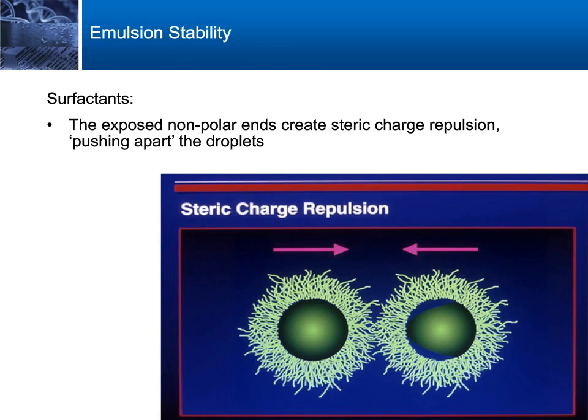One of these phenomena, steric charge repulsion, is when we see the exposed nonpolar ends pushing droplets apart. And this is one of the phenomena that helps create very stable emulsions, so that over extended periods of time, droplets will not even settle out due to gravitational forces.